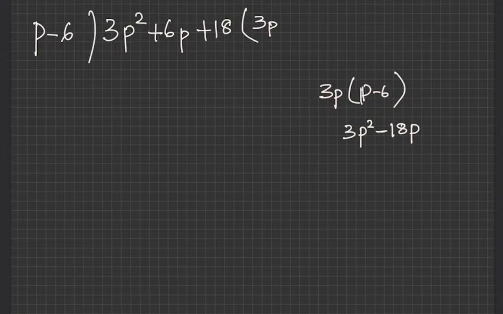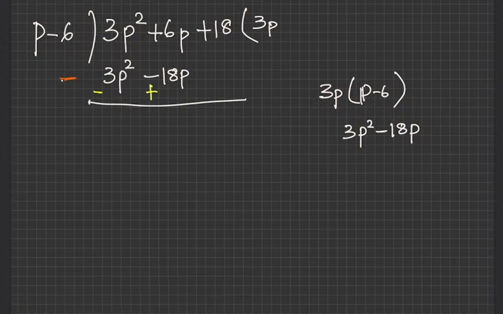Negative 18p. So now I'm going to subtract this 3p squared minus 18p. This is subtraction, and I'm going to change the sign. The positive 3p squared becomes a negative 3p squared, and negative 18p becomes a positive 18p.